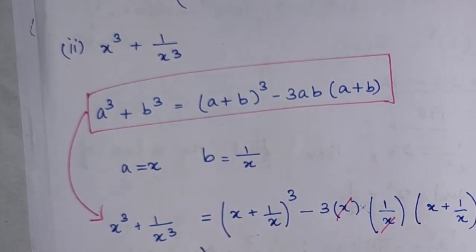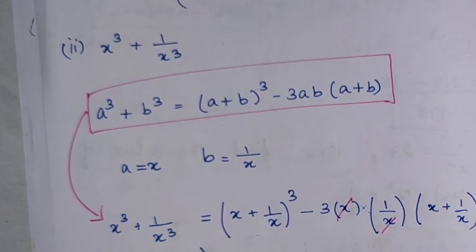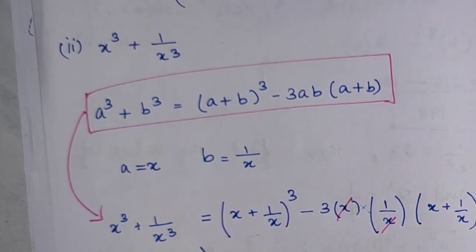So 5 cube is 125, 5 into 5 is 25, into 5 is 125, minus 3 into 5, that is 15. 125 minus 15 is equal to 110.